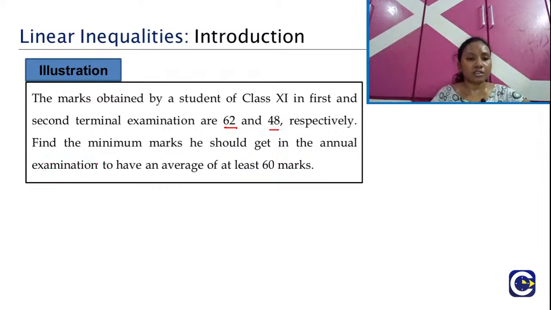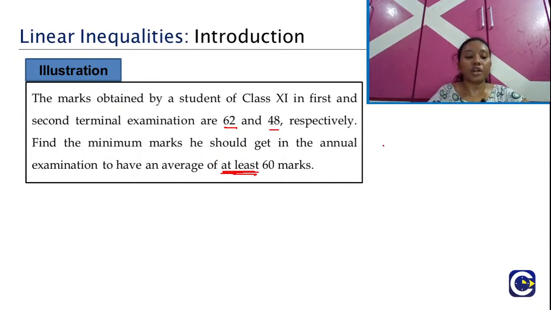Find the minimum marks he should get in the annual examination to have an average of at least 60 marks. Here you can observe the key point: he should be getting an average of at least 60.